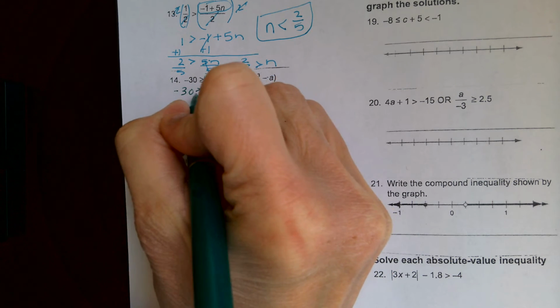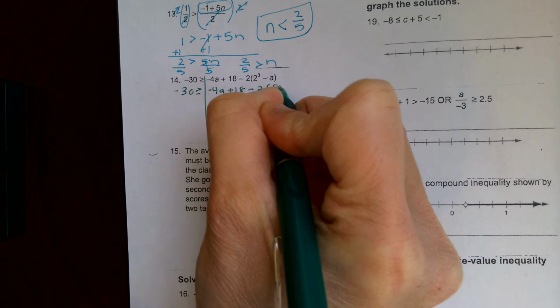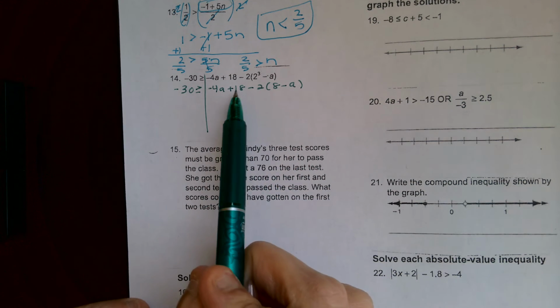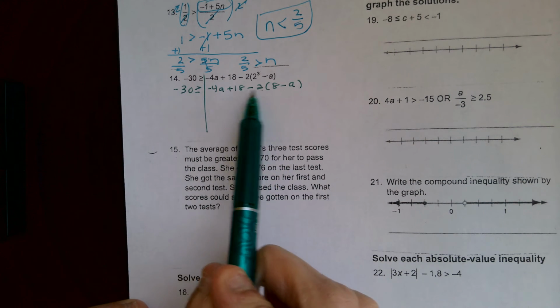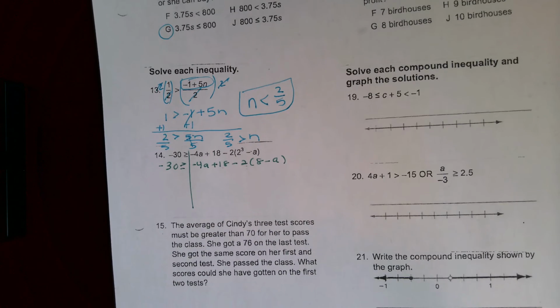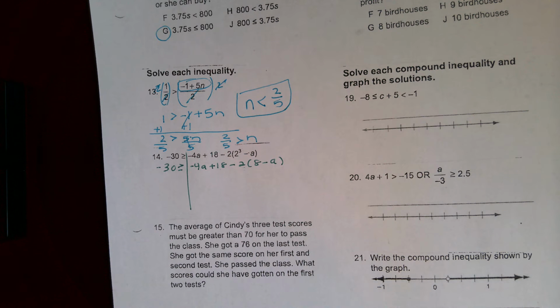Now be very careful. You do not subtract those, 18 minus 2. Not happening. Because you have 2 times this whole parenthesis you need to do first.